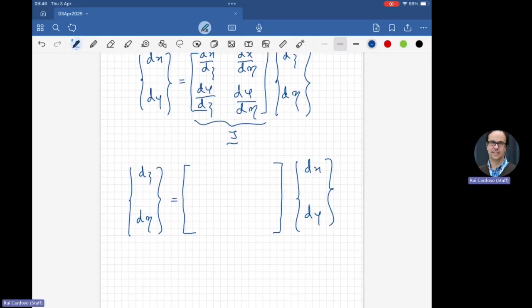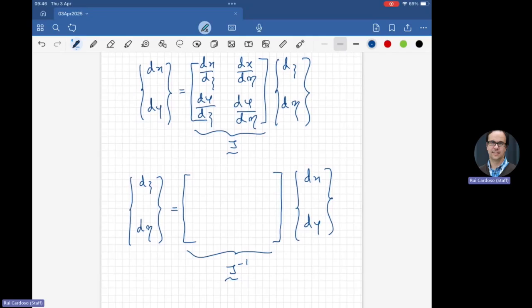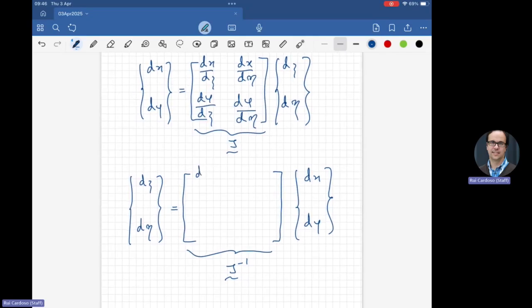And then this is going to be my J minus 1, the inverse of my Jacobian. And what I will have here is dc dx, dc dy. Here I'm going to have deta dx, deta dy. Okay? This must be negative from the diagonals.